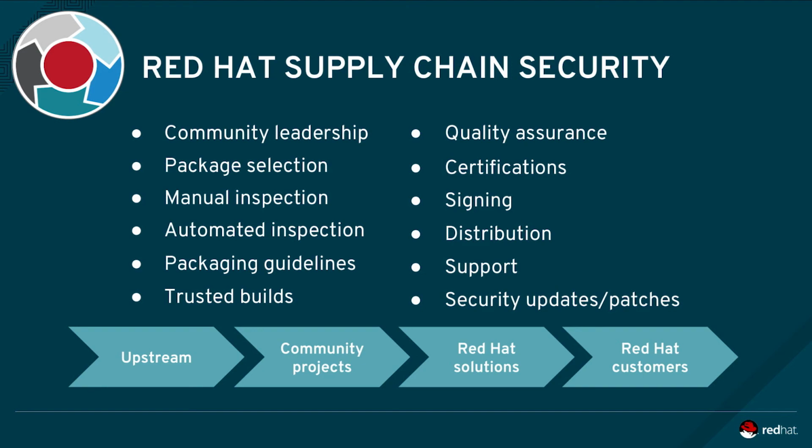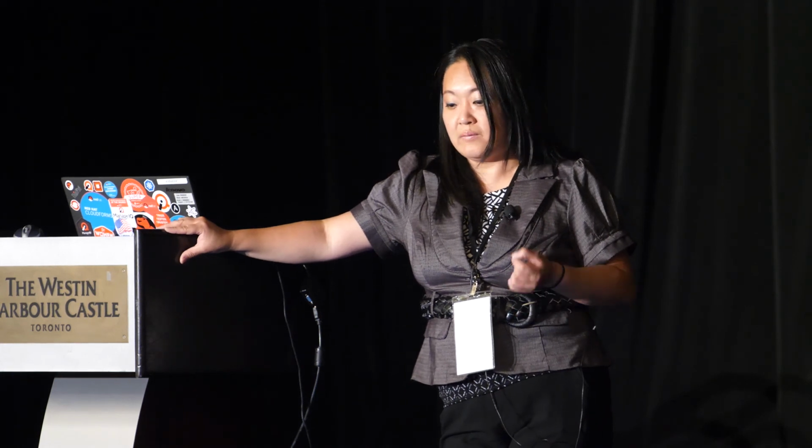We do both manual and automated inspection of our code. We have very specific packaging guidelines. We always build from source. We do extensive quality engineering and quality assurance testing on all of the software that we ship. We have security certifications for our products. For example, all versions of Red Hat Enterprise Linux are both Common Criteria certified and FIPS 140-2 certified.